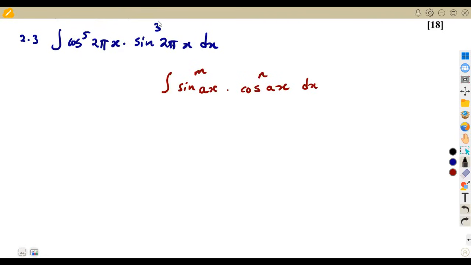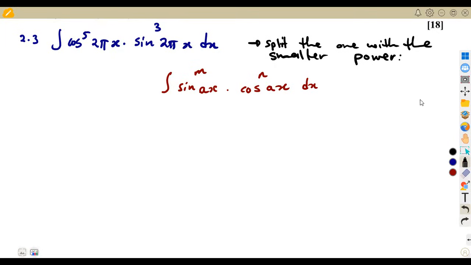So when you are dealing with both odd, you split the one with the smaller exponent, or the smaller power. That is on a condition that both have odd exponents.